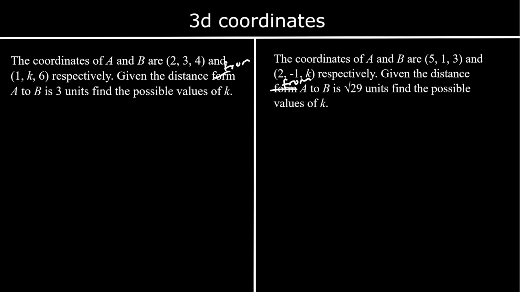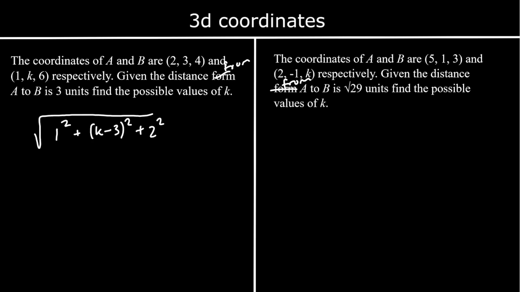So we're going to set up our Pythagoras question. So the square root, the difference between the x's is 1. The difference between the y's, we can either write as k minus 3 or 3 minus k. Either way round, I'll put k minus 3. And the difference between 6 and 4 is 2.